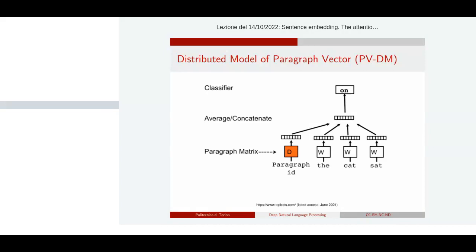Actually, behind it the network works exactly as the word2vec one. So the idea is to replicate, in a very similar way, the word-level word2vec architecture. But the presence of this artificial word denoting the membership to a particular paragraph tells the network, okay, you are in this context.